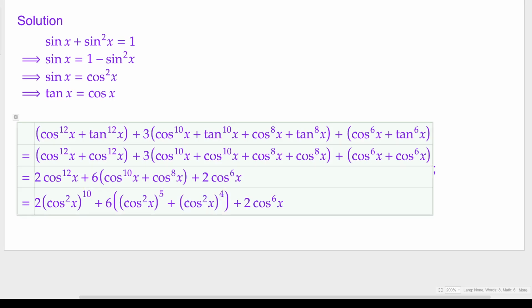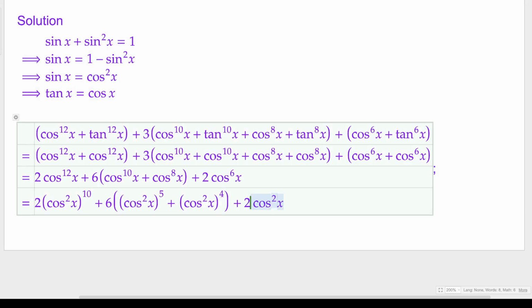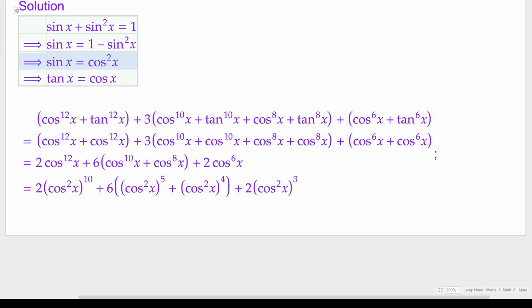Why? Because we know that cos square x is equal to sin x, that's why. So here square, and on the power of this I'll be writing 3. Now wherever the occurrence of cos square x is there, I'll replace this with sin x. From where? From this given part, right?